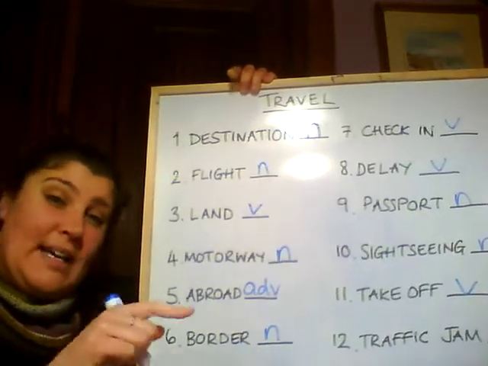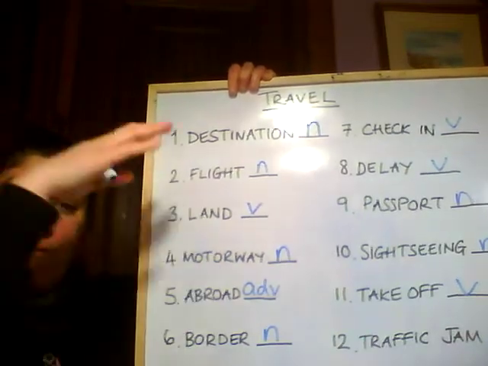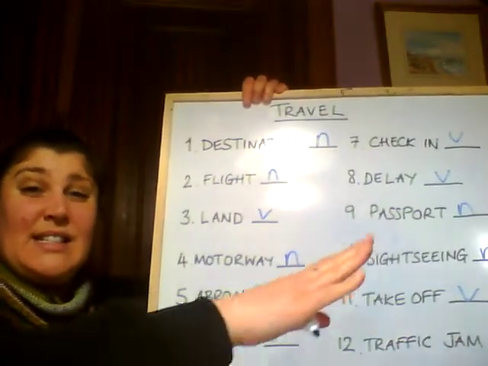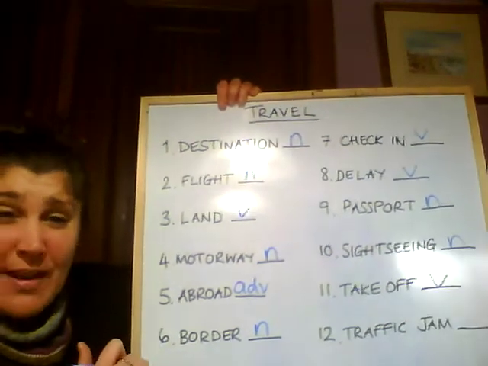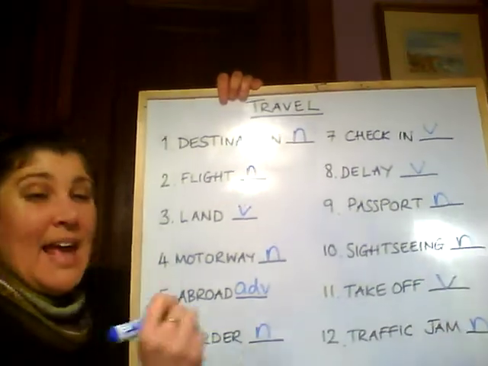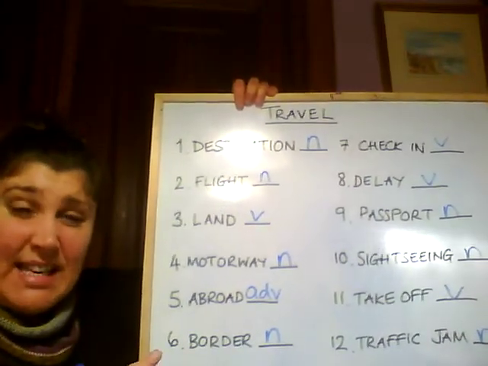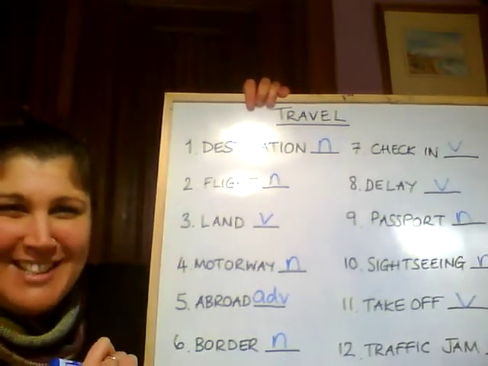The opposite of take off is land. Land and take off. And finally, traffic jam is a noun. We're very lucky in Galicia, there's not a lot of traffic jams.